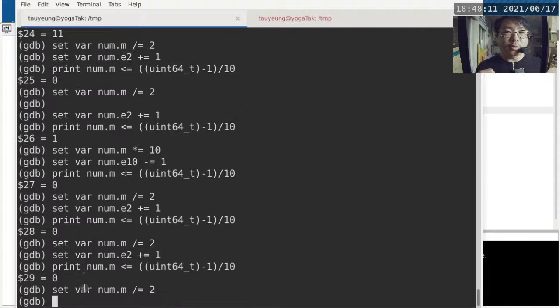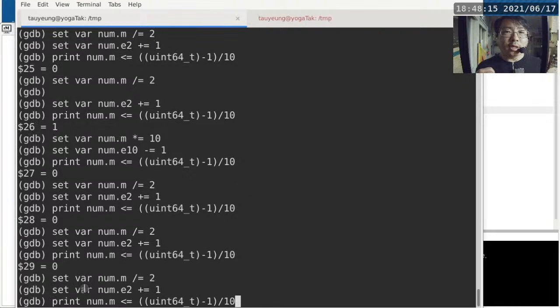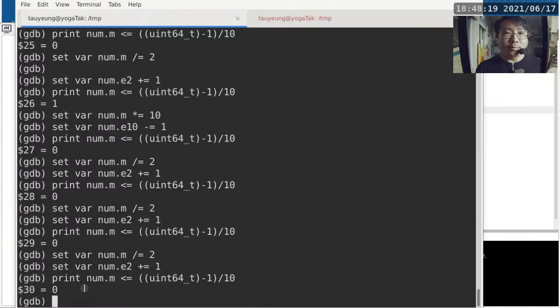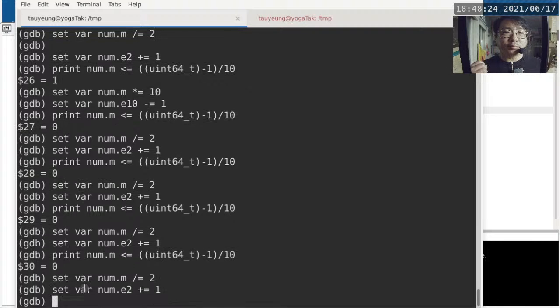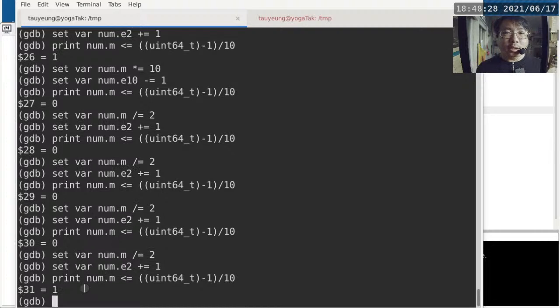Okay, one more time. And I think it's still not going to be enough room this time because last time we shifted 3 times. This time it's going to have to shift 4 times. Yeah, so it's not time yet. So do it one more time and check again. And this time we have room to multiply m by 10, and therefore we can decrease e10 by 1 again.